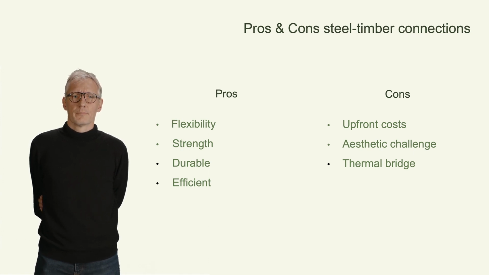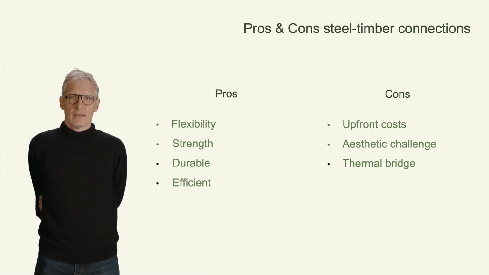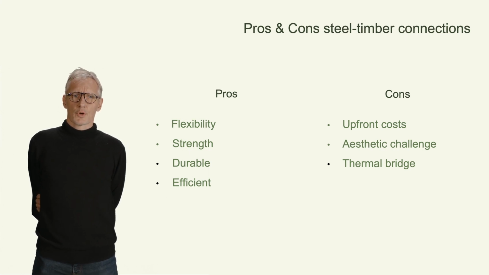But there are some negatives to consider as well. For instance, the upfront cost of steel connectors can be much higher than traditional wood-only connections. And if you are aiming for a natural all-timber look, steel elements could pose an aesthetic challenge. And let's not forget about thermal bridging.